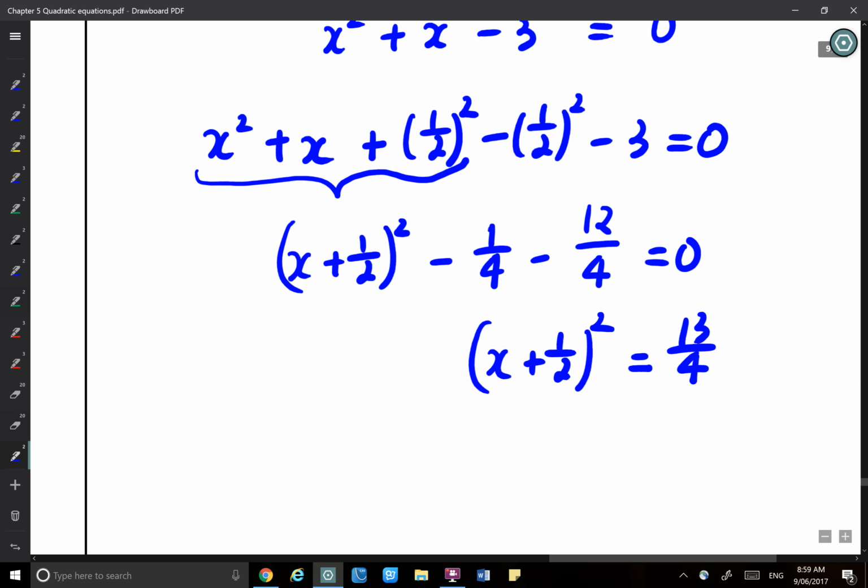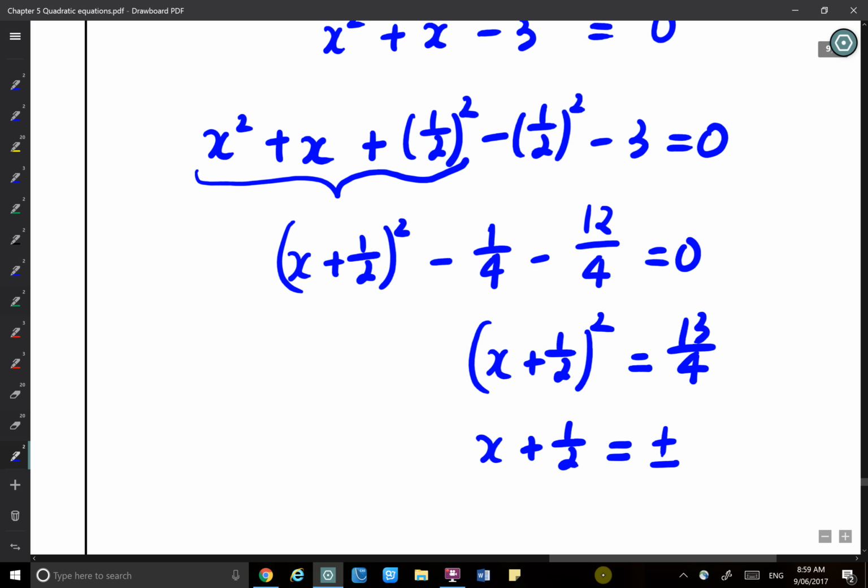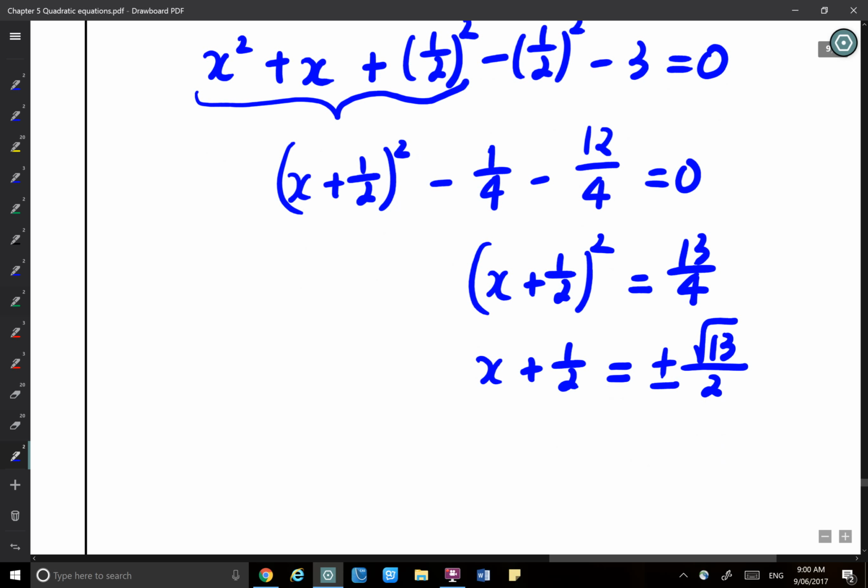13 over 4. Okay, what does x plus a half equal? Yep, plus minus. You take square root of the whole thing. So take the square root of the top and the square root of the bottom. Therefore, x will be minus a half plus minus root 13 over 2.